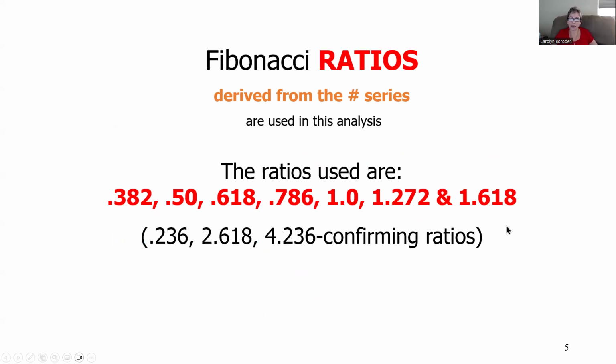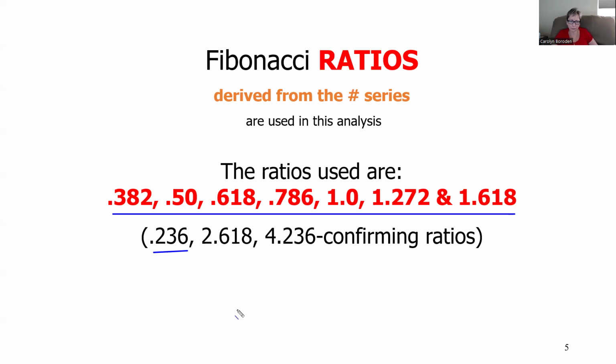So the actual Fibonacci ratios that I use, derived from the series in this analysis, are 0.382, 50%, 0.618, 0.786, 100%, 1.272, and 1.618. Mostly for confirming ratios or a very, very large swing, I will also use the 0.236 retracement.